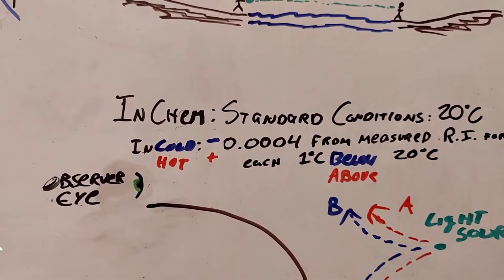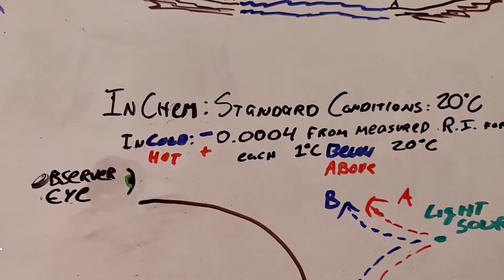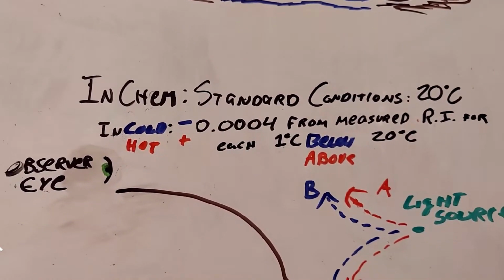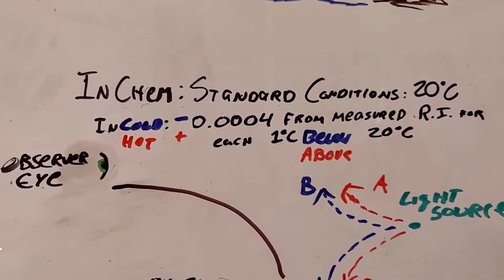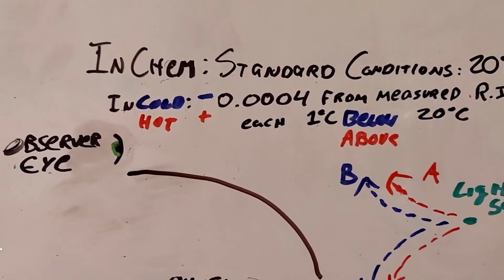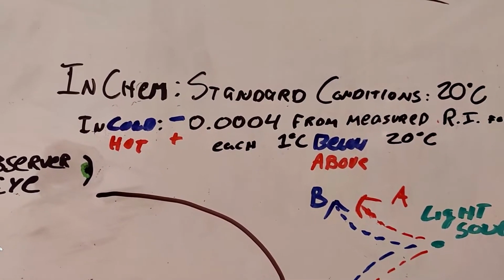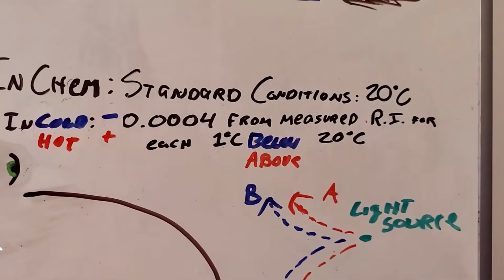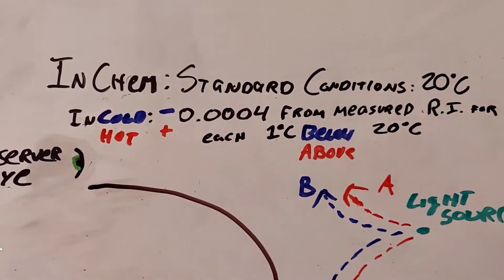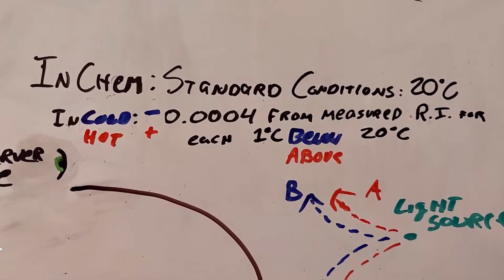So each element, each molecule has a different refractive index, and that measured official accepted standard is measured at 20 degrees. And so in the cold weather, you subtract 0.0004 from your measured refractive index for each 1 degree below 20 degrees that you go.